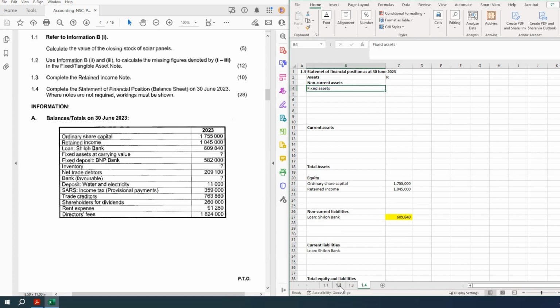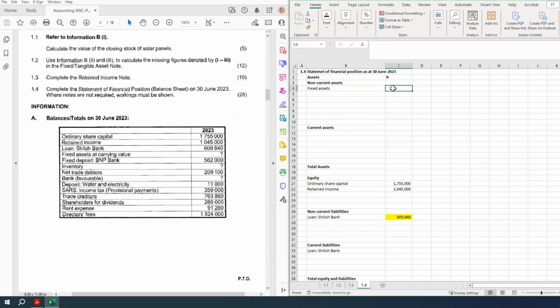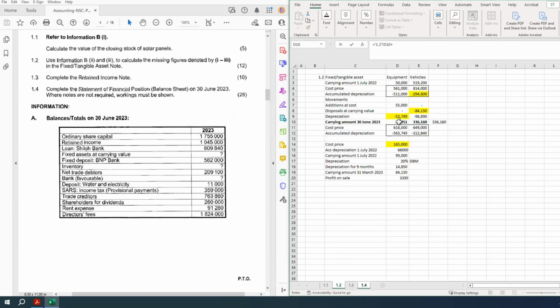And we did work out in question 1.2 the missing figures in the fixed or tangible asset note. So we can go back to that. So it was basically these two amounts added together. Okay, so I'm just going to add what I have in 1.2.